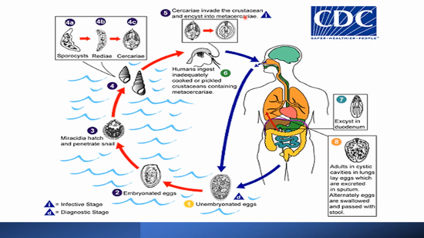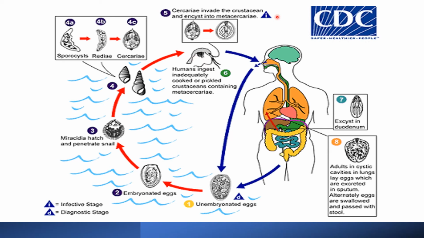These cercariae will invade the crustacean via the gill chamber or on ingestion of an infected snail. They can be infected if they eat the intermediate host, or the cercariae themselves invade their gill chamber.